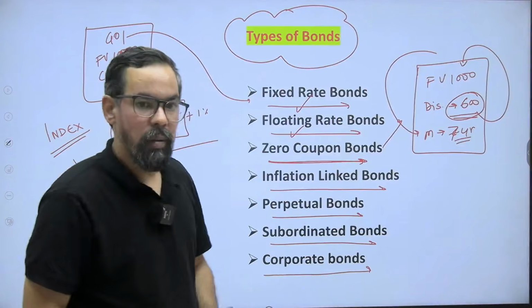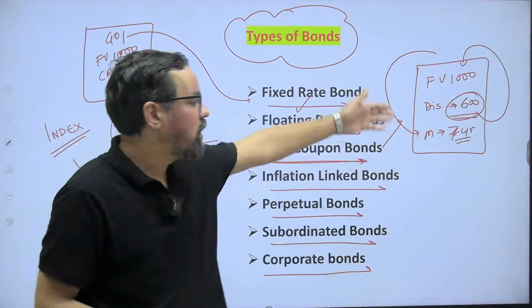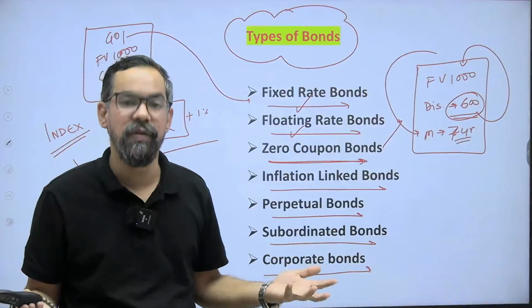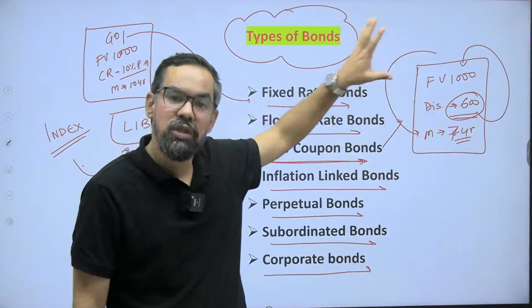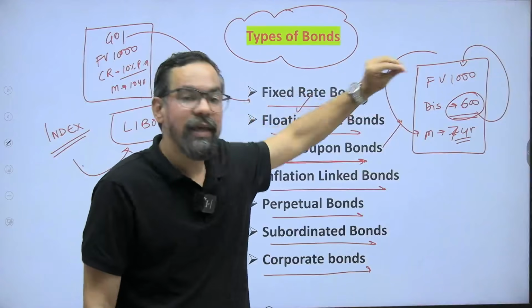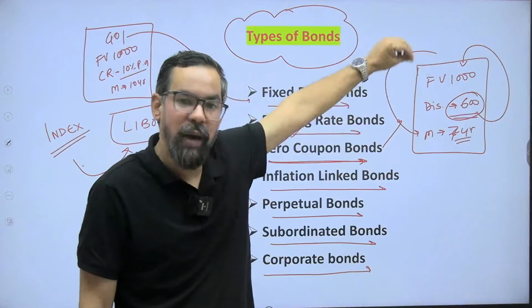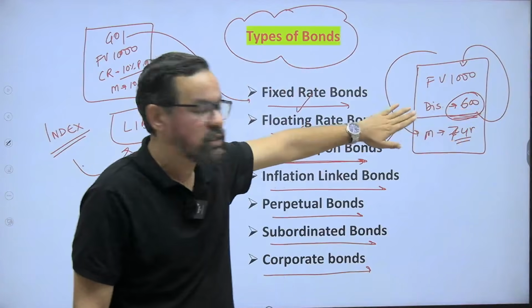So zero coupon means there is no interest rate. That does not mean that you will not get a return from these kinds of securities. Otherwise, why would we invest in these kinds of securities, right? So when it comes to zero coupon bonds, they get issued on a discount basis, right? The bond face value or par value is 1000, and the government issues these bonds at a discount at 600, okay?